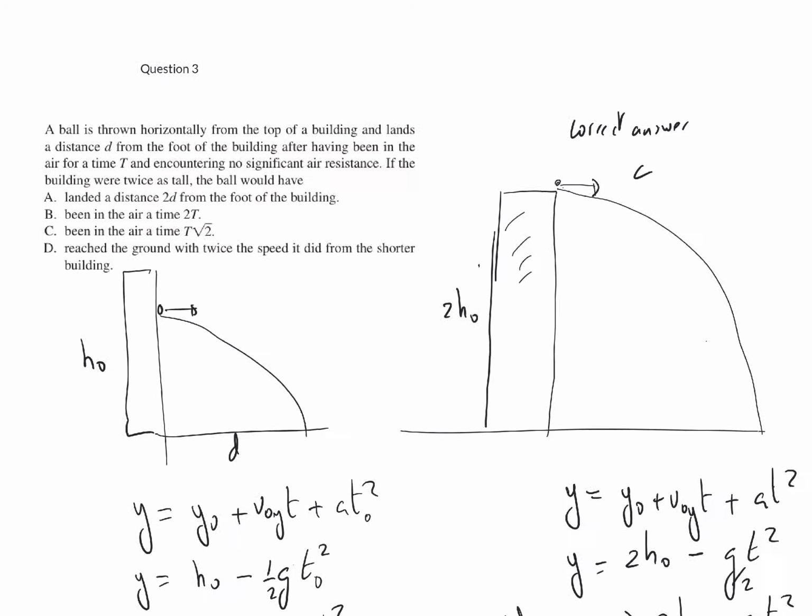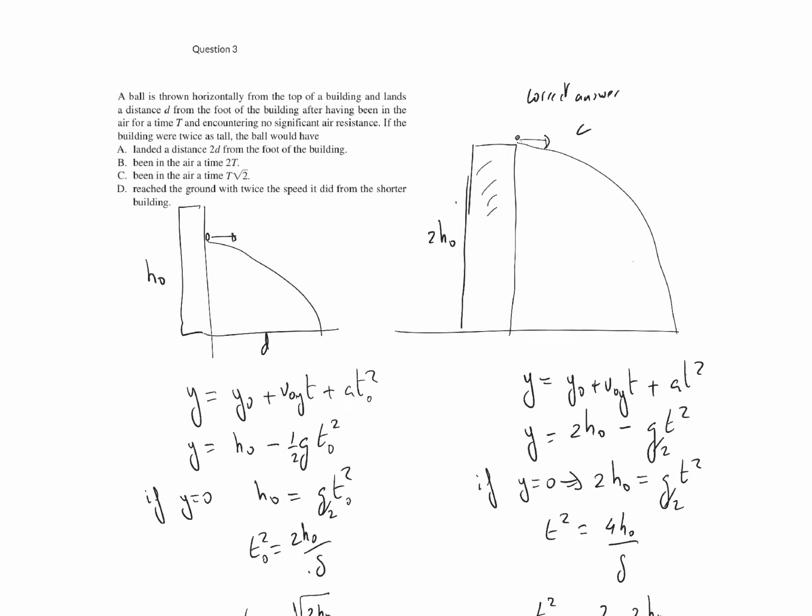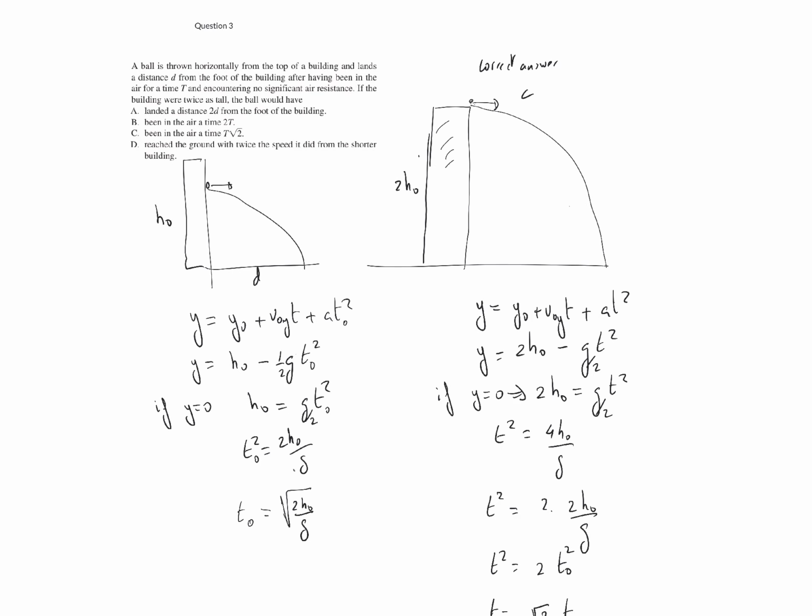Now, if I have a building that is double h0, compared to a building with h0, the equation for the y direction will be a motion with constant acceleration. The acceleration will be minus g, so the equation will be y equals h0 minus 1/2 g t0 squared, where t0 is the time. When y is 0, t is t0.